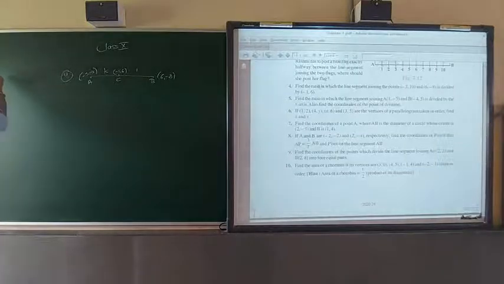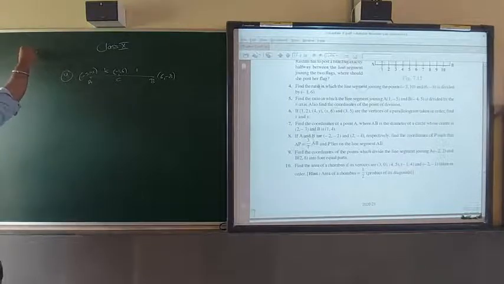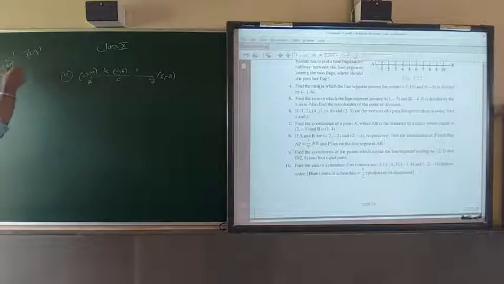Formula is what? If a line is given, here the point is (x1, y1), here the point is (x2, y2), and if the line is divided in the ratio k:1, then the coordinates of x and y will be what?